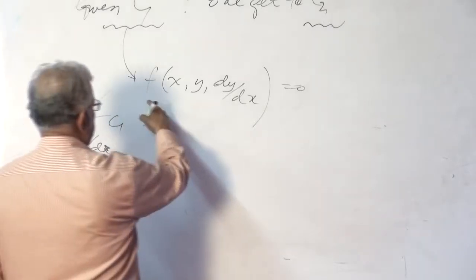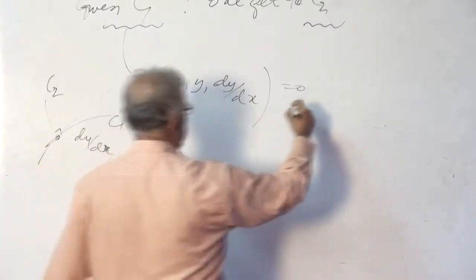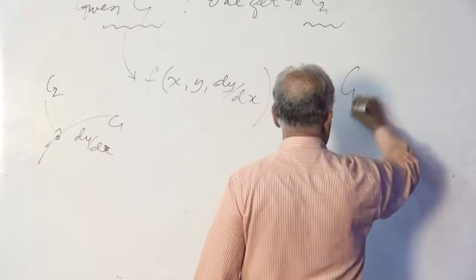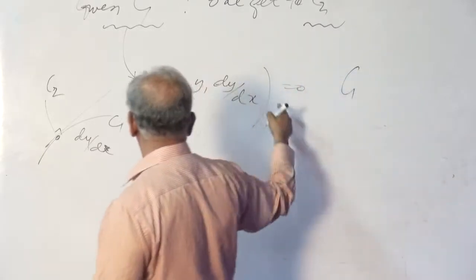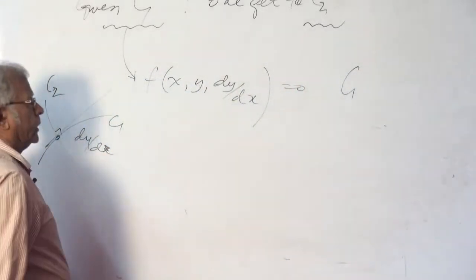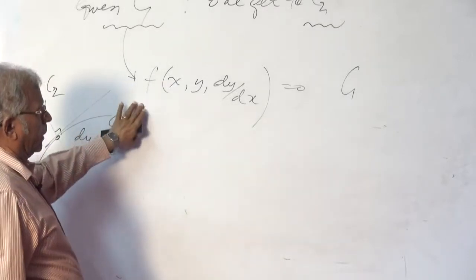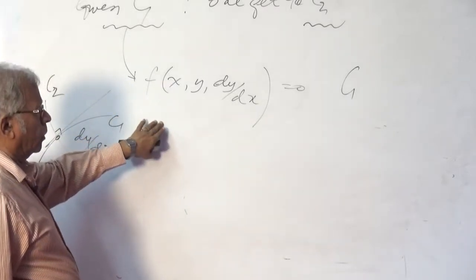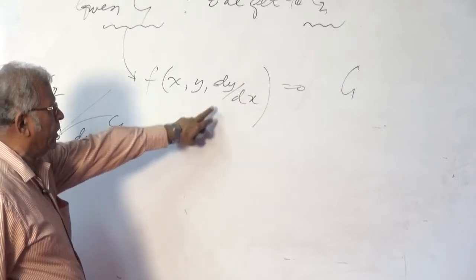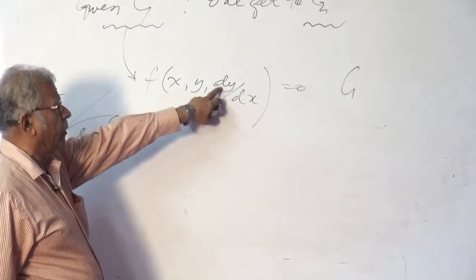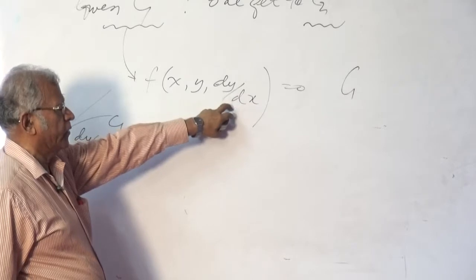So if this is the differential equation that gives C1, then to get the members of C2, all we need to do is, instead of dy/dx, we write -1 by dy/dx.